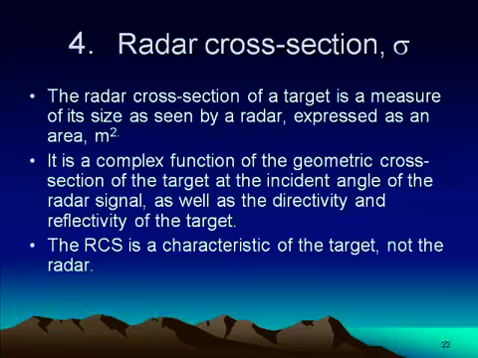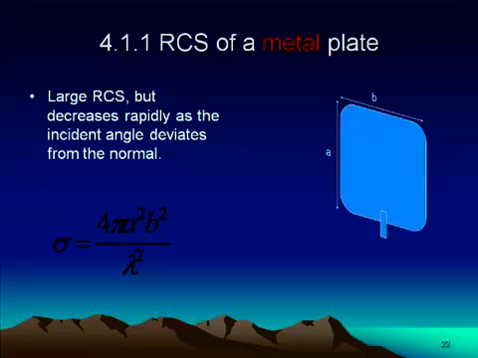It depends on the conductivity of the material used for the body of the target, the shape of the target, the look angle of the target from the radar, and several other parameters. You can see here a rectangular body with the size A for length and B for the width.